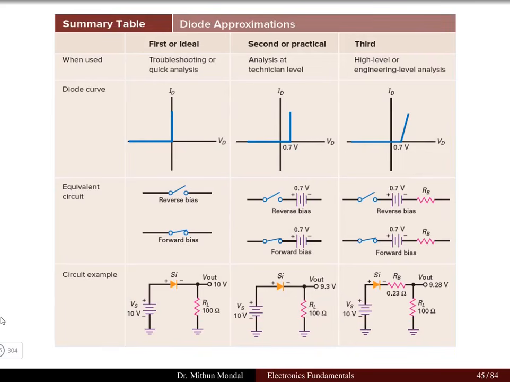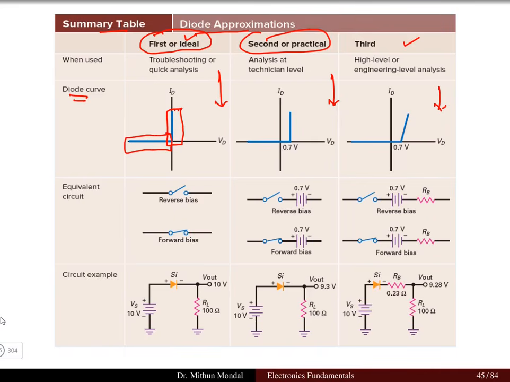Now this is the diode approximation summary table. The first column indicates the first or ideal diode, the second column indicates the practical diode, and the third column is for high level engineering analysis. If we see the diode curve for the ideal condition, it is either a perfect conductor or a perfect insulator.